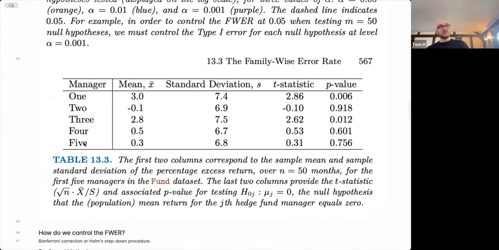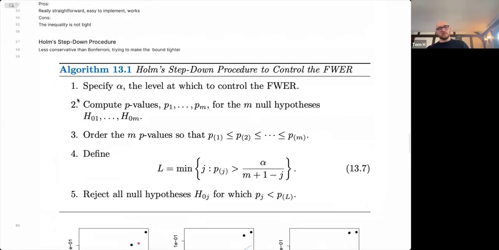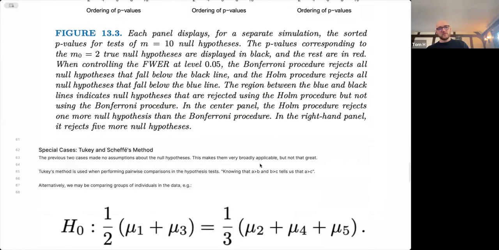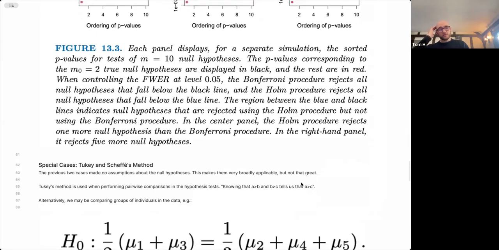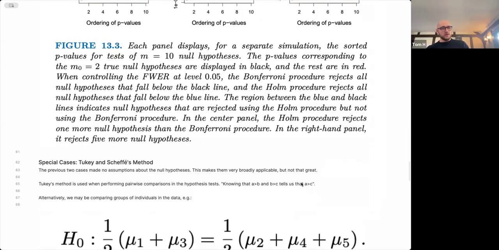And obviously you've lost the independence between your hypothesis tests there, because if A is greater than B and B is greater than C, then that tells us something about the relationship between A and C. It's the same sort of thing here. Once we know the difference in different sets, we can use that information later on, basically. That's when Tukey's method comes in.